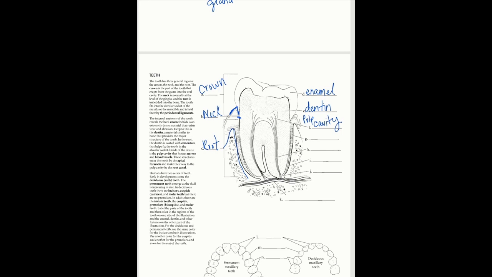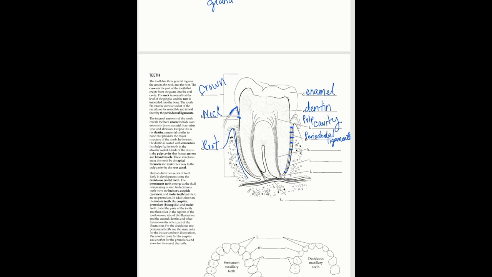And then to make sure that our teeth stay in the jaw, we have ligaments here. These are called periodontal ligaments. Remember, peri being around, dontal being teeth. So around the teeth ligaments. Oh, I'm sorry, I went off the page a little bit.